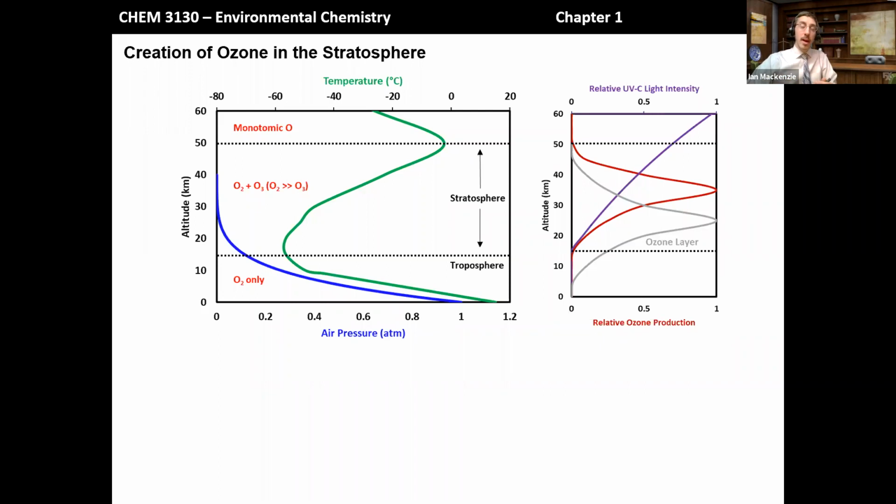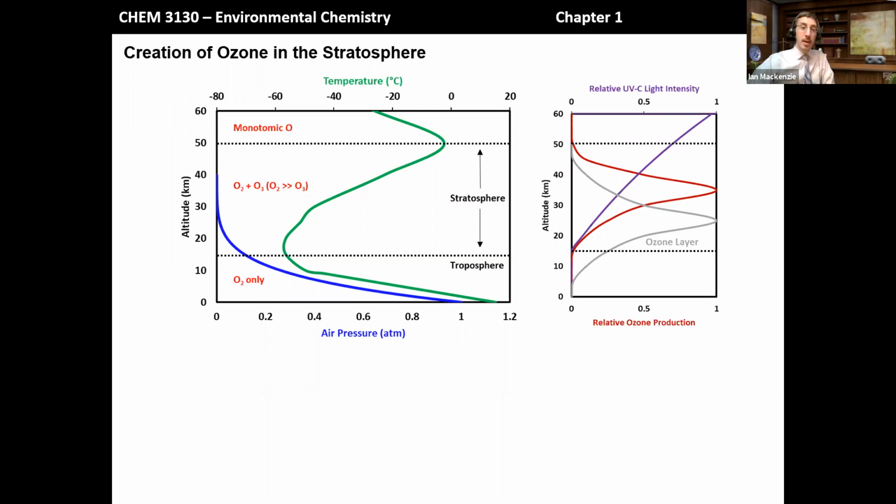And so it's just important to note that when we talk about an ozone layer, ozone is still the minority form of oxygen in that region, but it's significantly higher in concentration than it is in the troposphere or in the upper stratosphere.